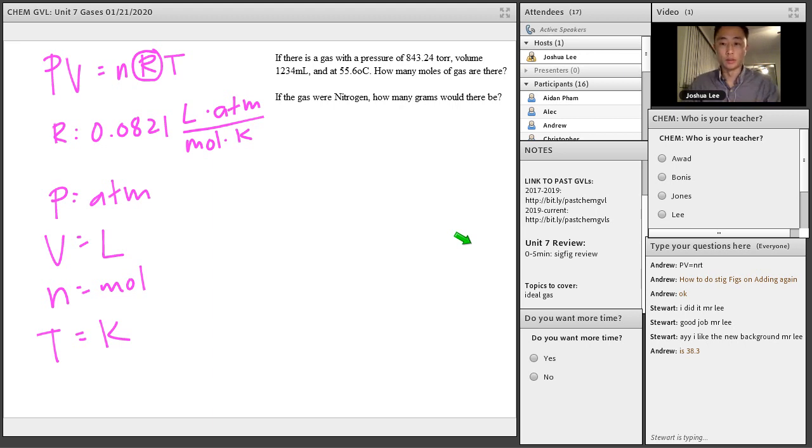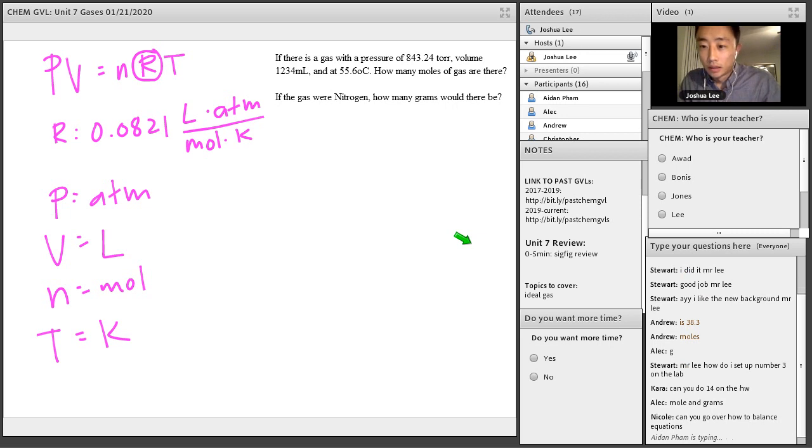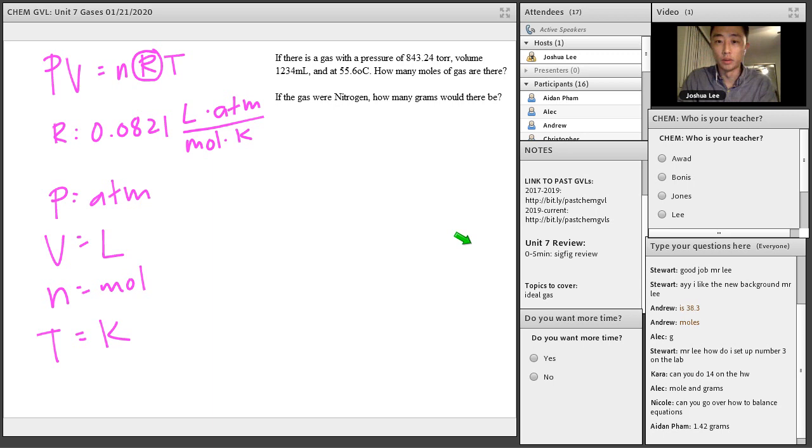Units. What units? 38.3 moles. Let's see.